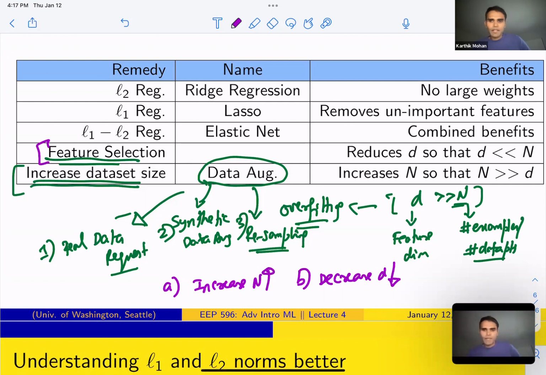You say, hey, there are too many features. The feature dimension is d. Maybe d is 100. Can you make d 50? How do I do that? Pick the most important features and keep them, discard the rest, and only learn weights for those features. Then I've done feature selection, and I have a leaner model, which will not overfit as much.